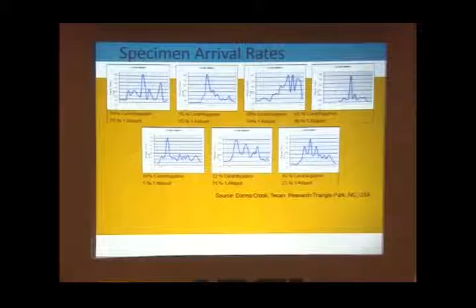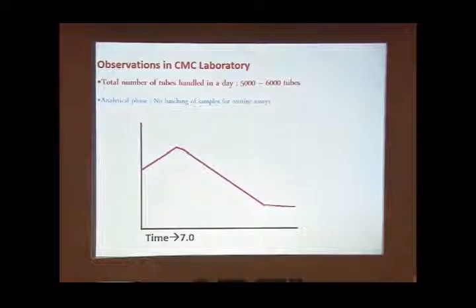So first you must understand, if you want to automate your laboratory, when you get the maximum samples. Actually, when we wanted to automate our pre-analytical phase in CMC Vellore, we did a similar study, and we found that around 7:30 to 8 is our maximum sample load when we get about 5,000 to 6,000 tubes every day.